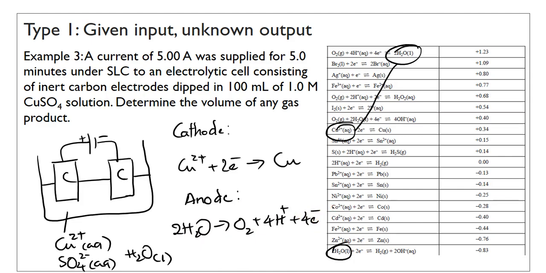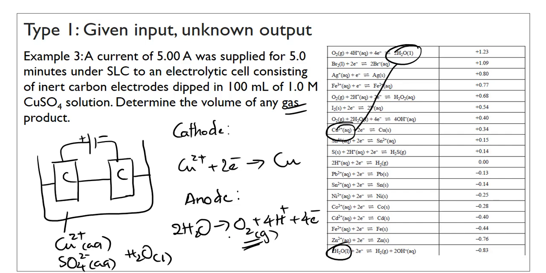Okay, so that's the reaction at the cathode, and that's the reaction at the anode. The question asks for the volume of any gas produced. So this is the only gas that I can see as the product. So this is going to be the substance that I need to find the volume of.